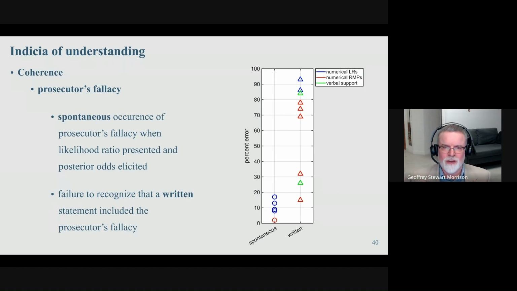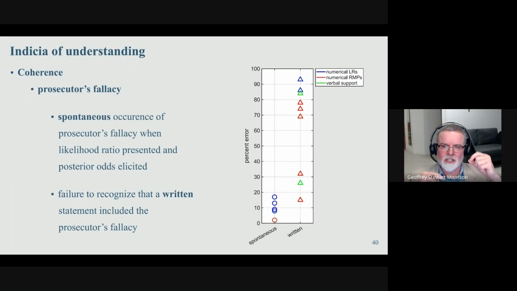And one strengthening factor for that is there was one study where some participants were presented with numerical likelihood ratios, and other participants were presented with numerical random match probabilities. And then later they were presented with two different sets of prosecutor's fallacy written statements. In one set, it was expressed in odds, so it was more similar to the likelihood ratios. And in the other set, it was presented as natural frequencies, 1 out of 100.